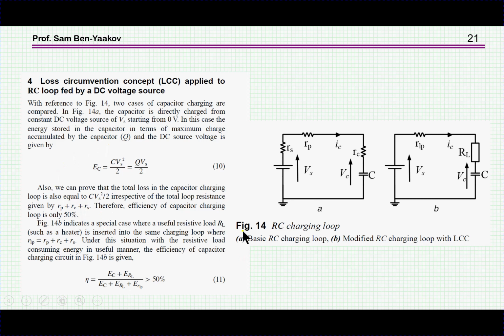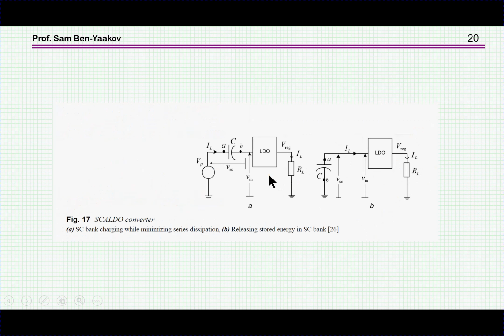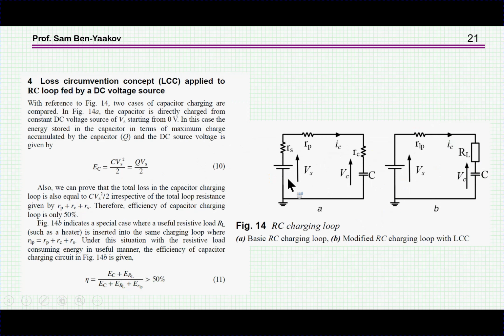It says the following: if you have a simple case of a voltage source feeding a capacitor, you lose half of the energy. We know that. And then if you have a voltage source which is charging a capacitor through the load, which is the case here, then there's no power loss.